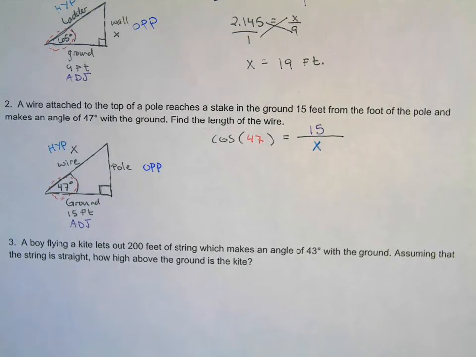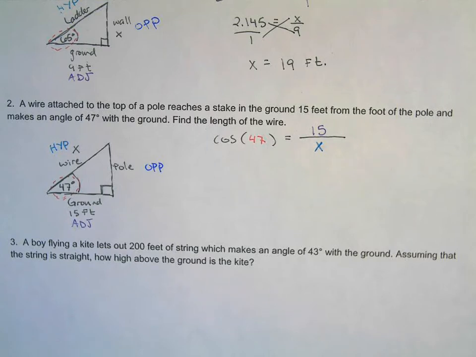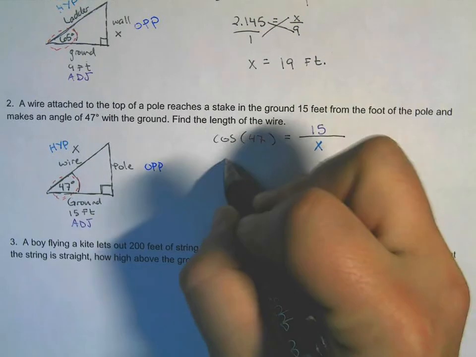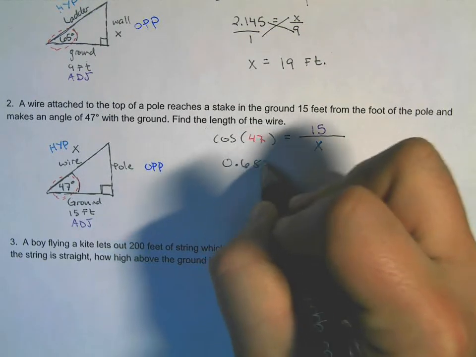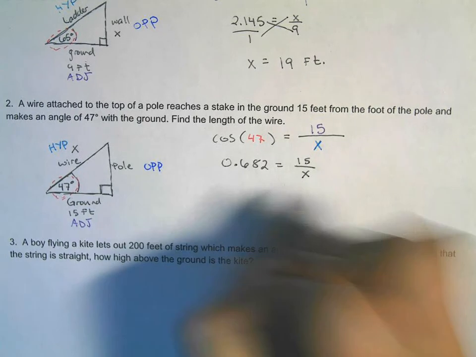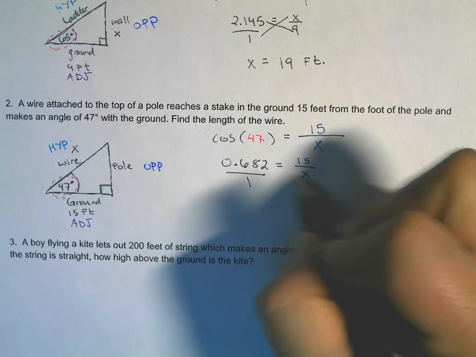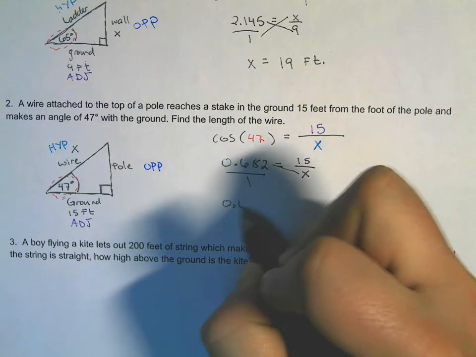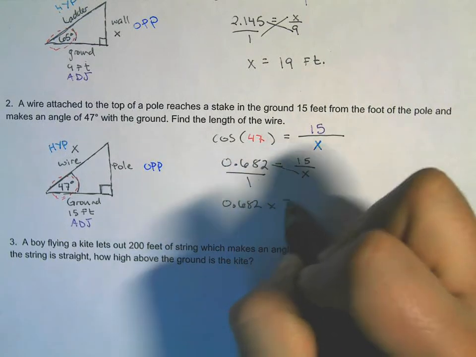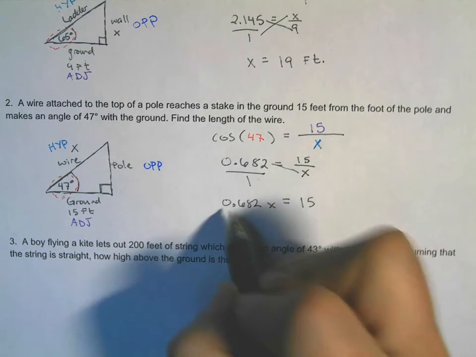So we'll use our calculator to simplify. I'm just plugging in cosine 47, and I get 0.682. So 0.682 is equal to 15 over x. Write in my hidden 1, and now cross multiply and solve. 0.682 times x, there it is. 1 times 15 is 15.